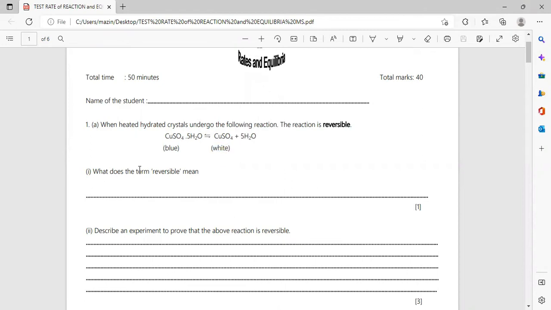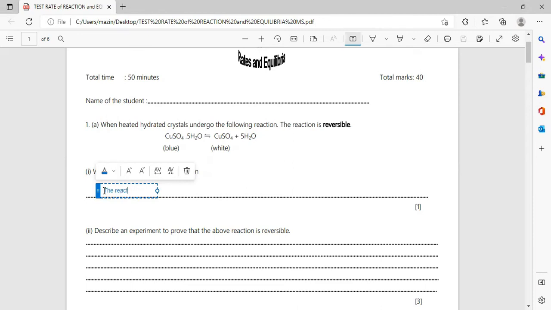The question is, what does the term reversible mean? In everyday language, this has a meaning, but in chemistry, for a reaction, this has a more specific meaning.